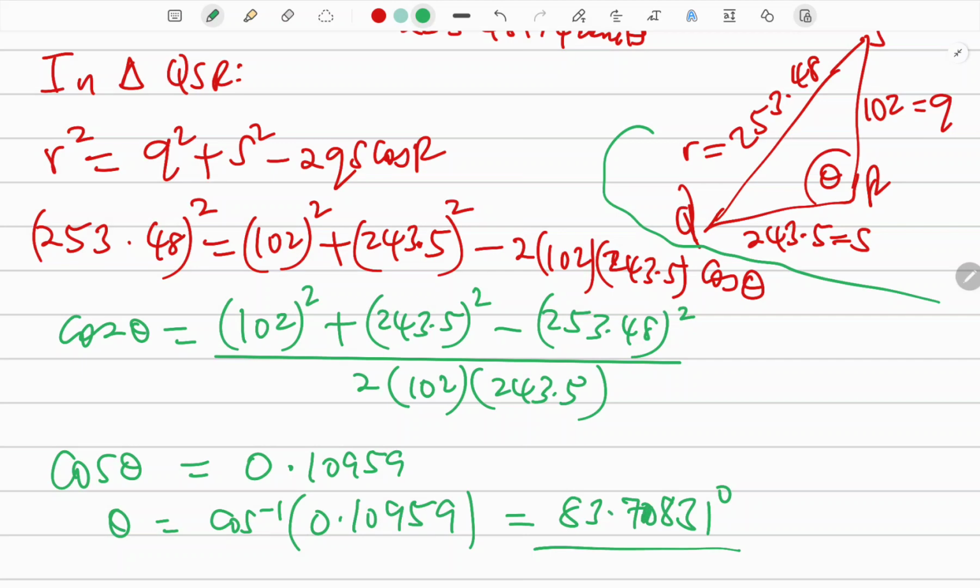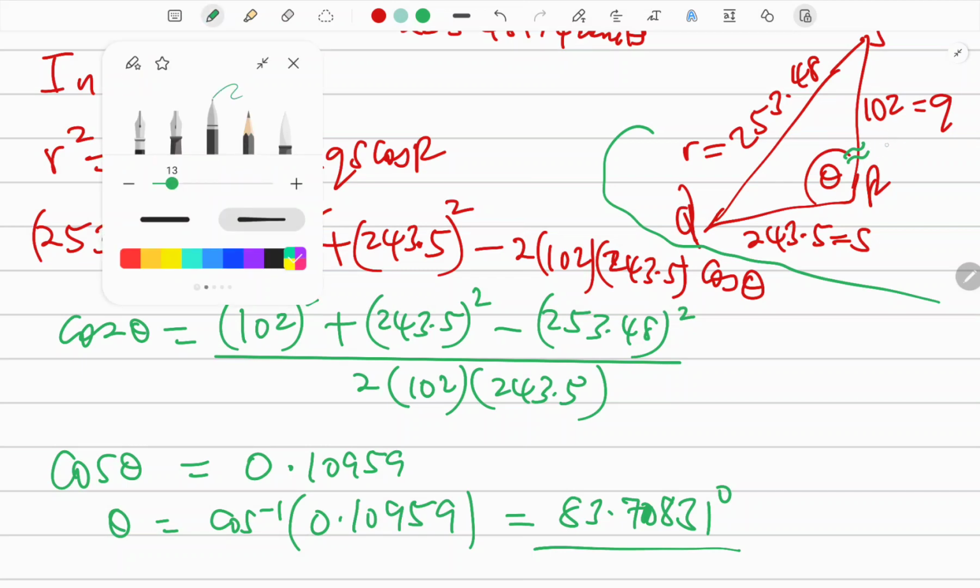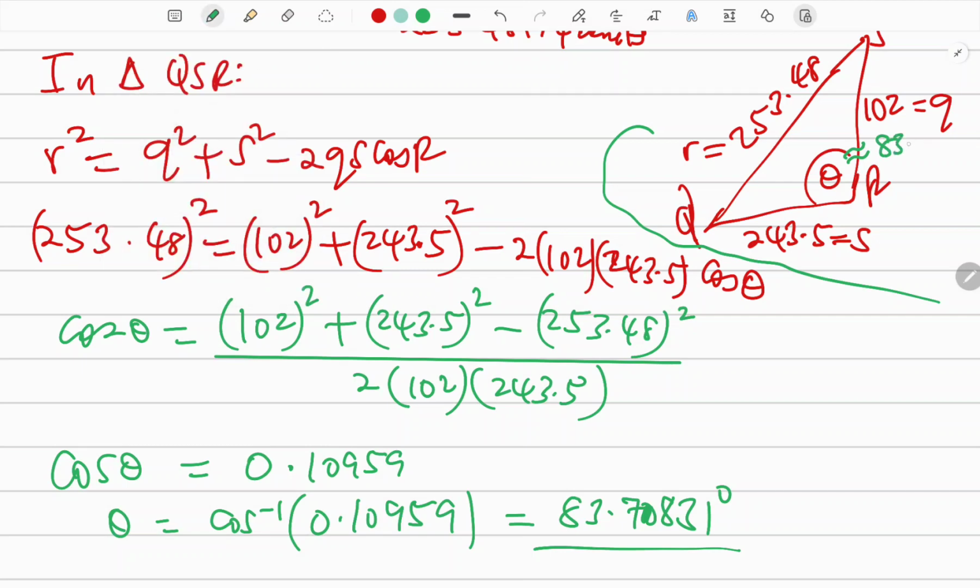We go back to the shape here. This angle is approximately 83.70831 degrees.